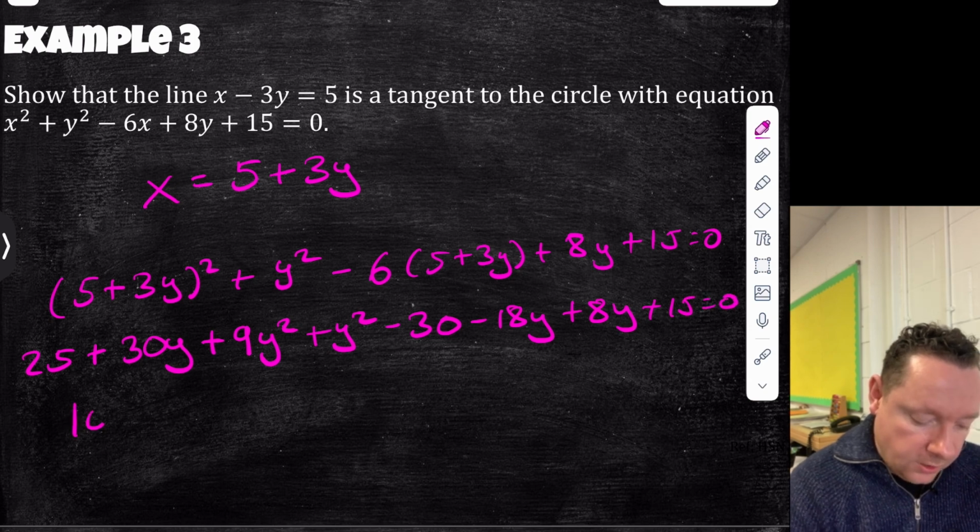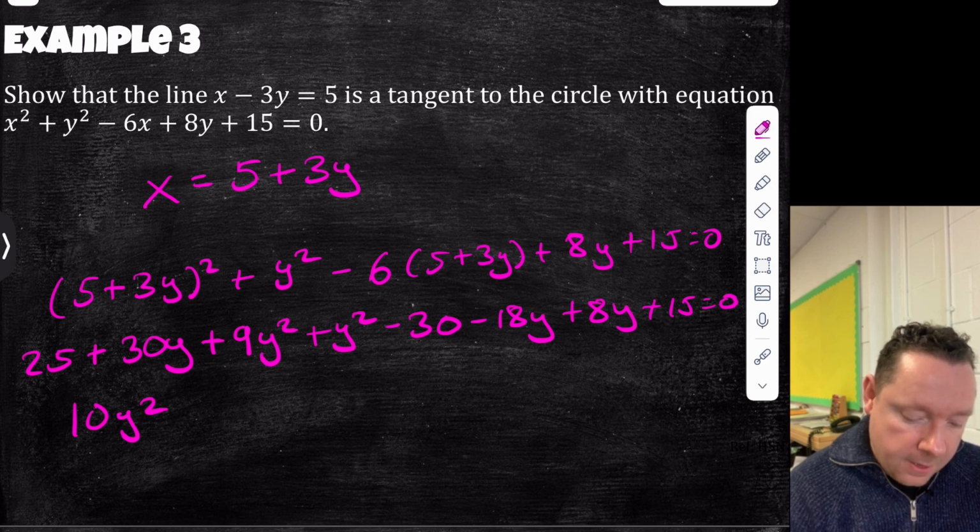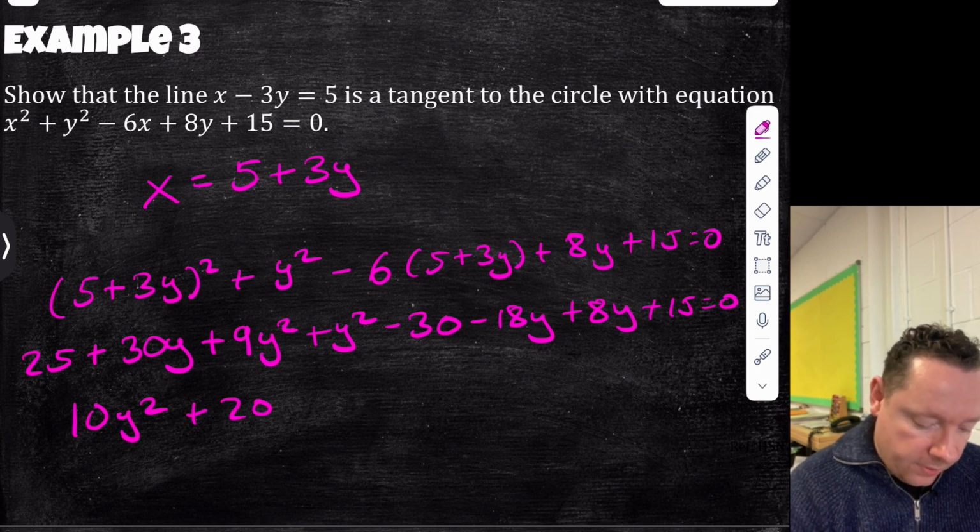So we've got 10y squared, and then the 30y minus 18 is 12y, plus 8 is 20y, and then the numbers, 25 minus 30 is minus 5, plus 15 is 10, equals 0.